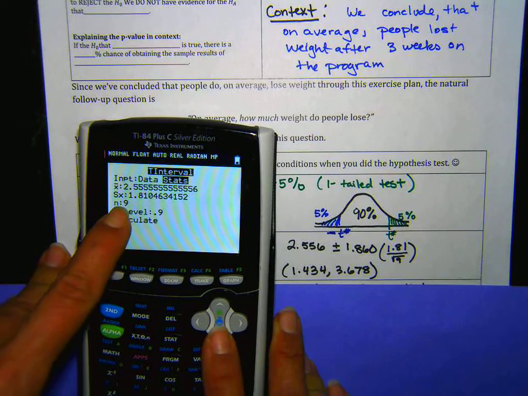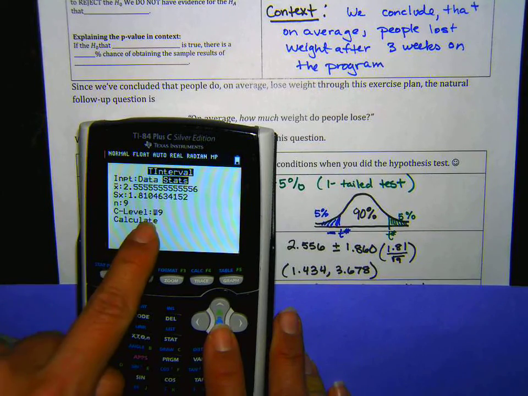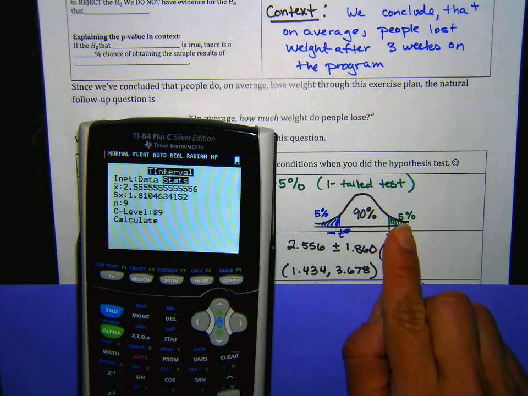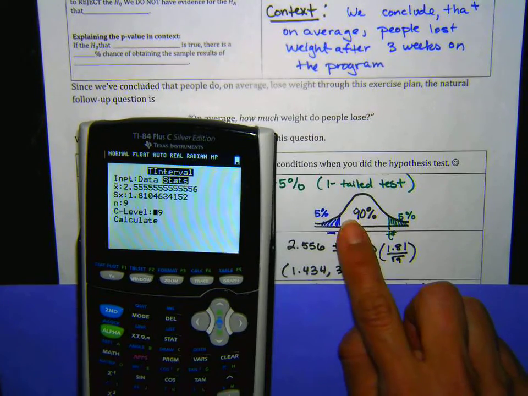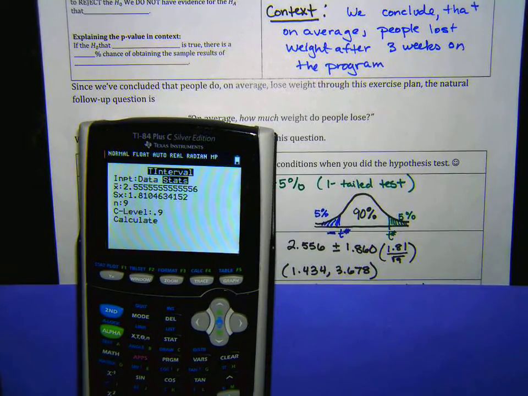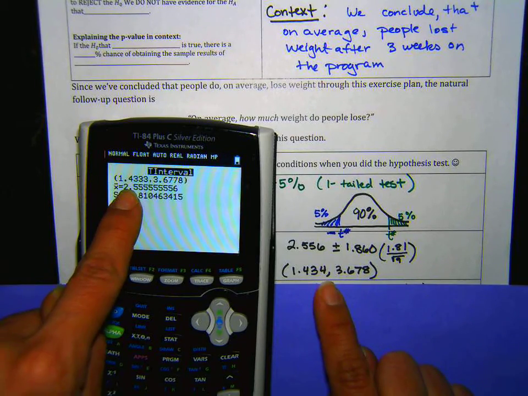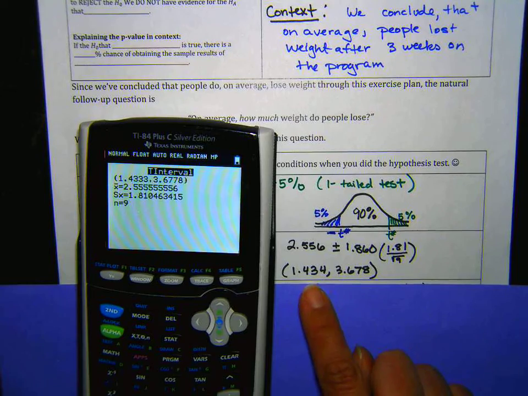My N was 9. And then my confidence level, remember we just decided, was 90%. If alpha was 5% in one tail, that was going to give us a 90% confidence level. And we calculate. These answers should match the interval I have here. A little bit of rounding error, but close enough: 1.434 to 3.678.